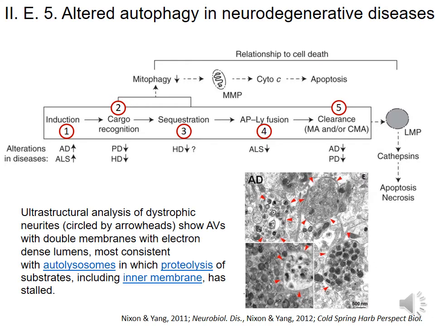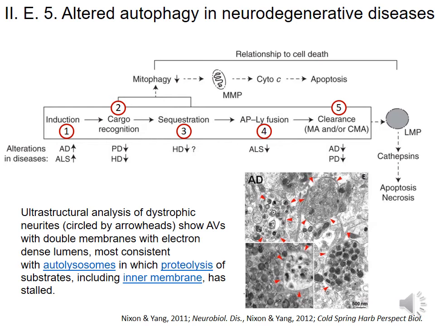So here in this picture you can see an example of multiple autophagic vesicles that are formed in brains of Huntington's and Alzheimer's disease mouse models.